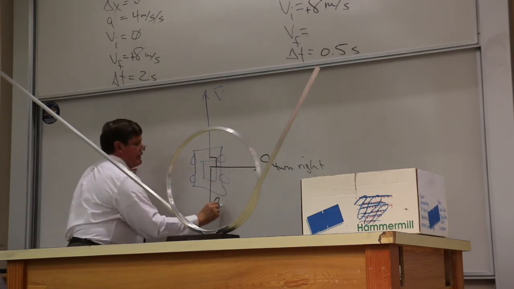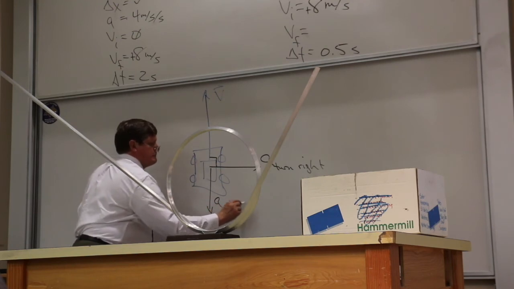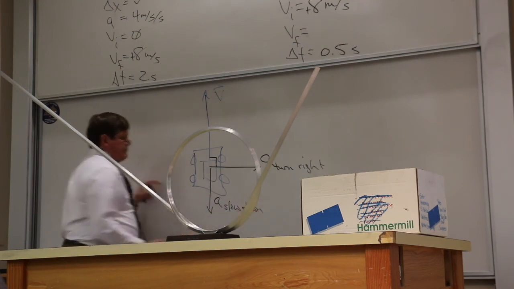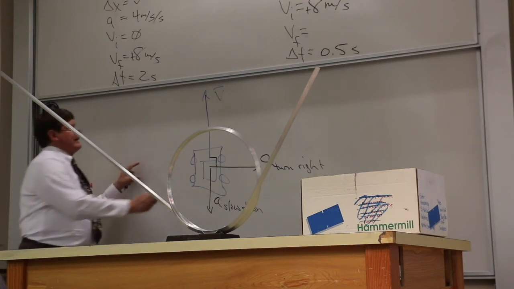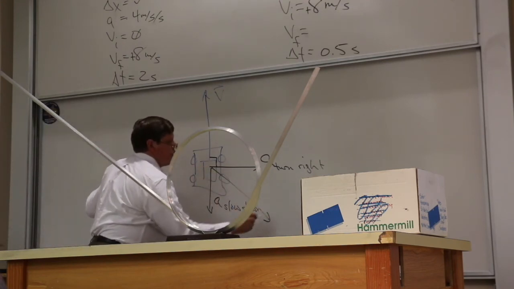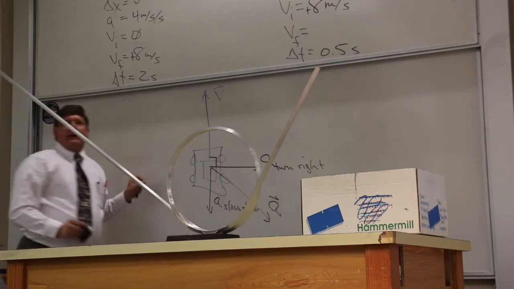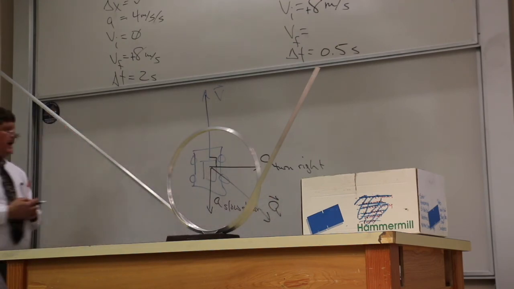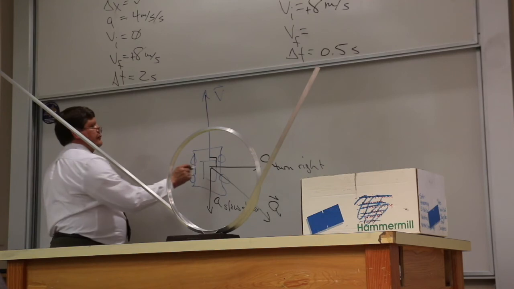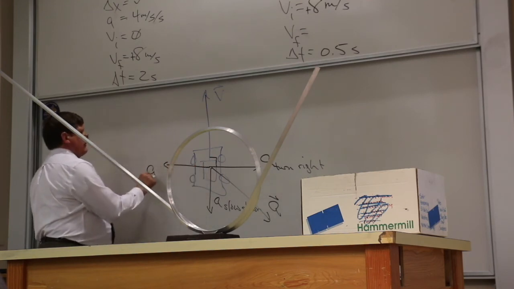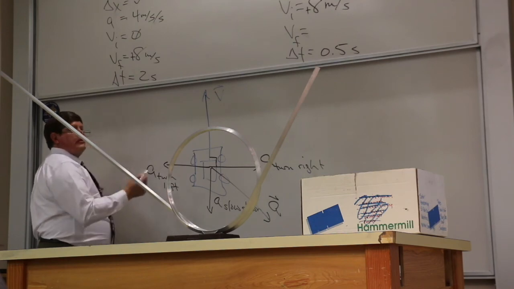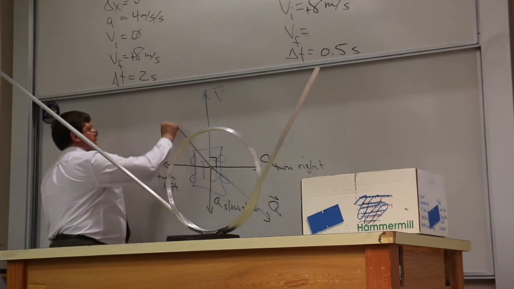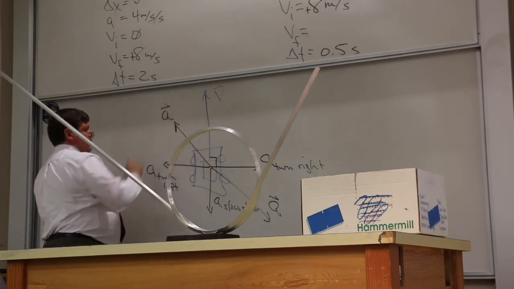That would be an acceleration that would slow me down. But it would not turn me. If I'm turning right and slowing down, I would have to have both flavors. Likewise, if I wanted to turn left, I'd have to have an acceleration like this. And if I wanted to speed up and turn left, I would have to have an acceleration like that.